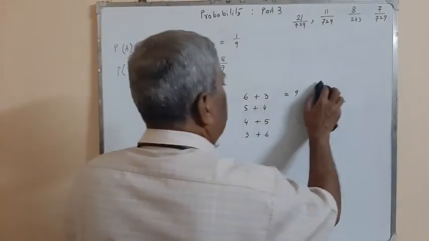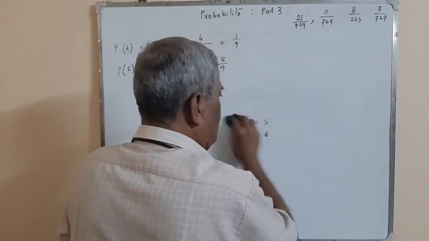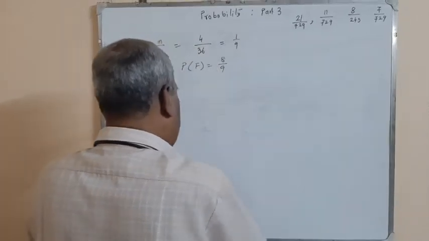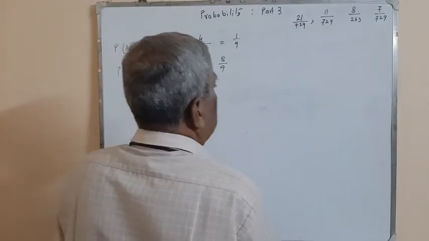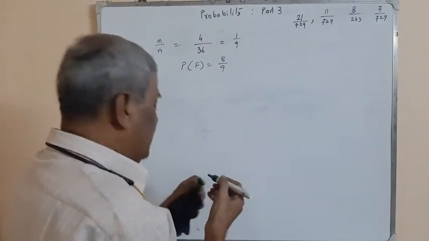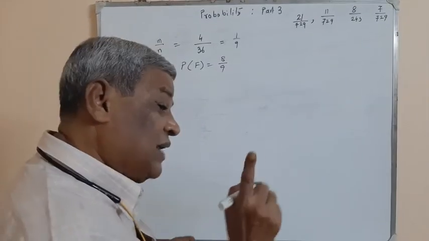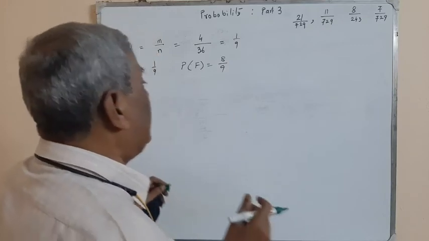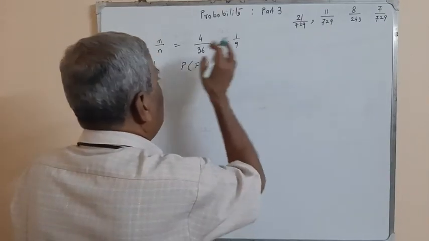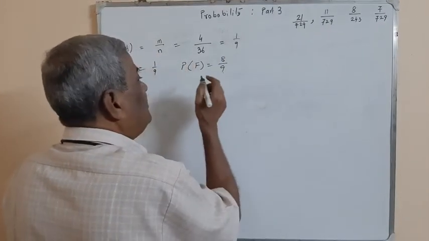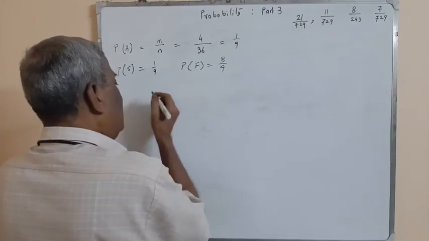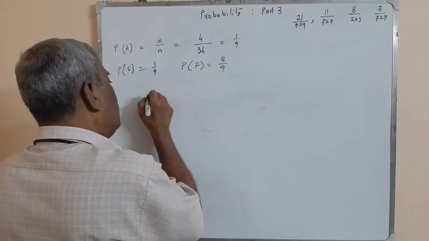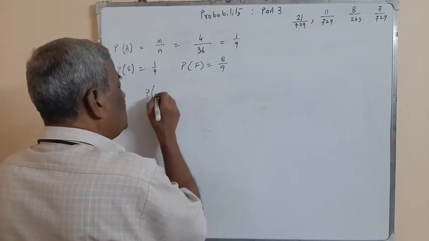So it is a binomial distribution, and our problem is to find the probability that out of 3 trials, 2 will be successful. That is, in 2 trials the sum of the faces is 9.